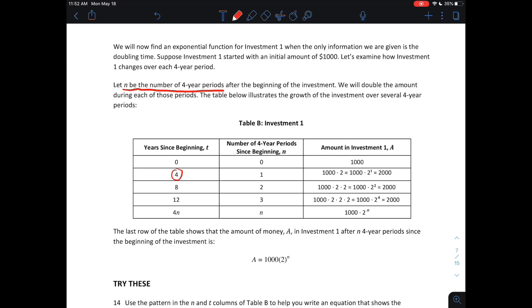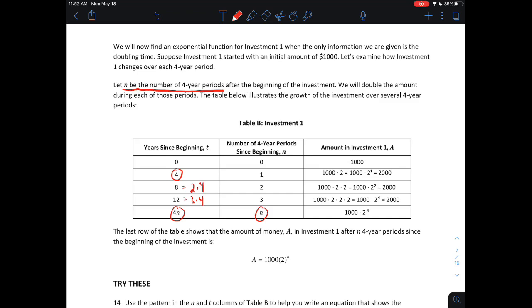Then the next number says 2 because we have two amounts of 4 years. 8 is the same thing as 2 times 4. And then we have 3 because 12 is the same thing as 3 times 4. So with any number n, meaning number of 4-year periods, the amount of years is just 4 times that, 4n.